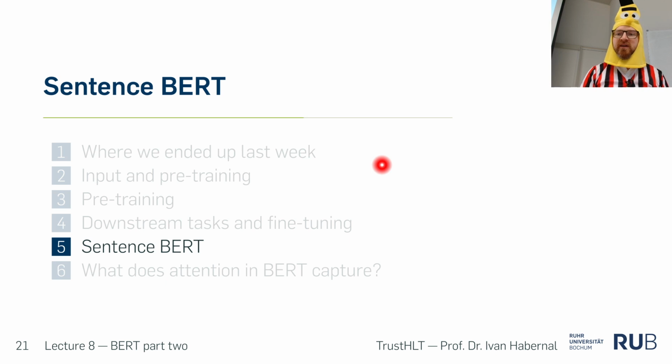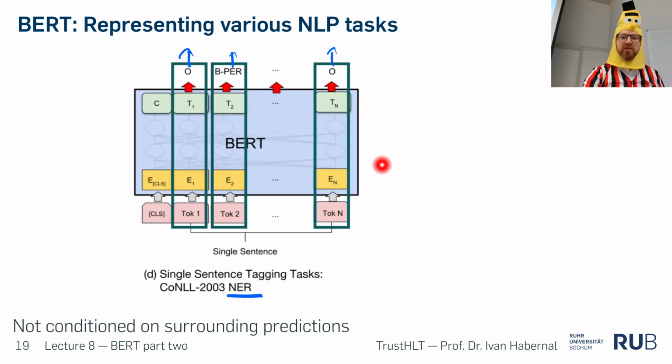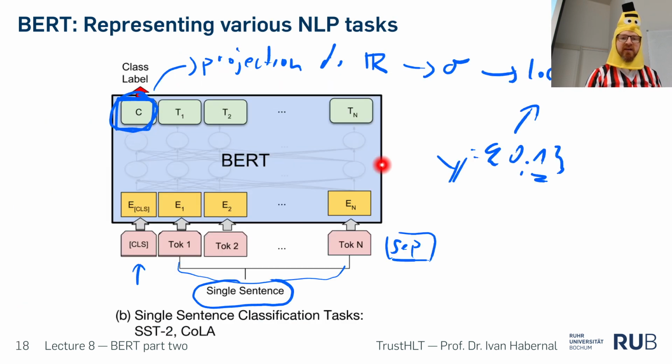So SentenceBERT, the idea is that we had this CLS token, which kind of knows the entire input. So it basically learns a vector for the entire input sequence. What could it be used for? It gives you a vector representation, and similar to Word2Vec, where similar tokens should have similar embeddings, here similar sentences should have similar embeddings.